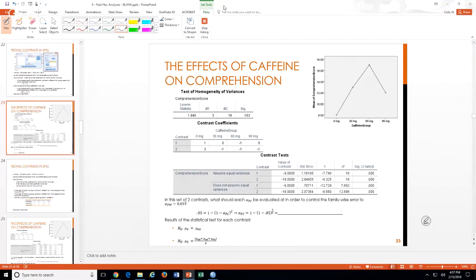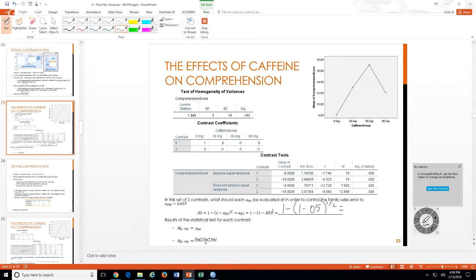First off, in this set of 2 contrasts, what should each of the contrasts be evaluated at in order to control the family-wise error rate to 0.05? So again, we have 2 contrasts. What is 1 minus 0.05 to the 1/2?